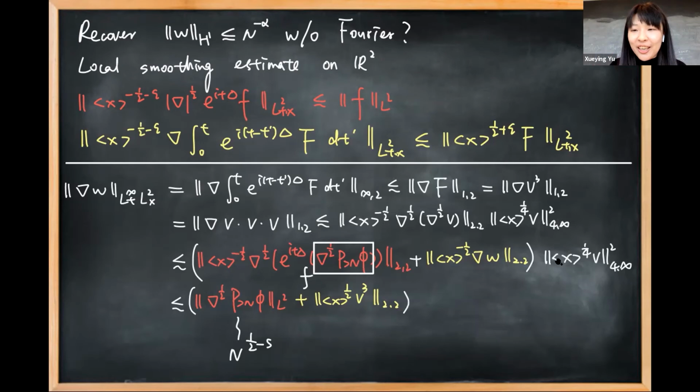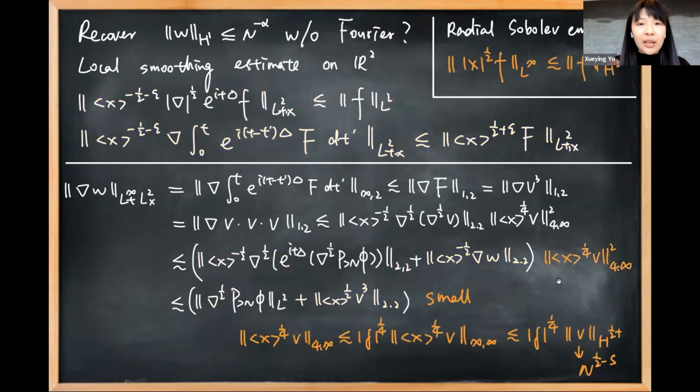And then here you would like to deal with this V function with this positive weight. The only thing I know to control this is the radial Sobolev embedding, because you can absorb this positive weight into some kind of derivatives of it.